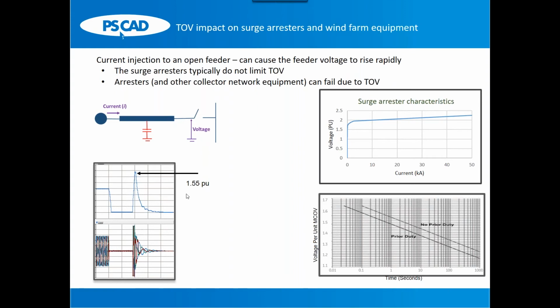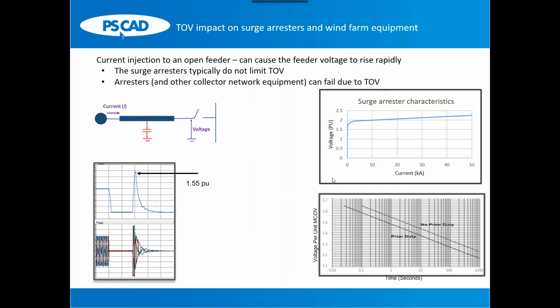Typically, what I have seen is these TOVs can reach around 1.5 per unit, 1.3 per unit, and so on. And depending on the controls of the wind turbine or the solar inverter, they would last for a few tens to sometimes a few hundred milliseconds.